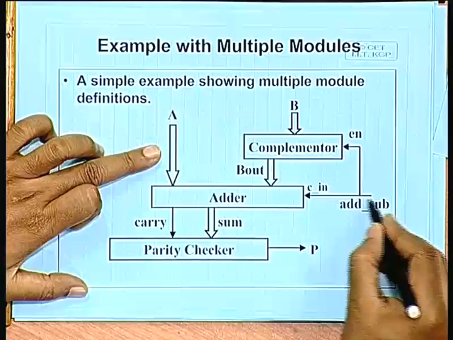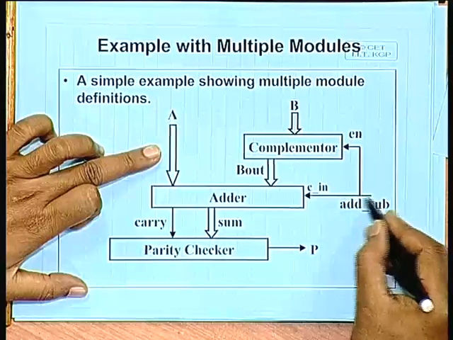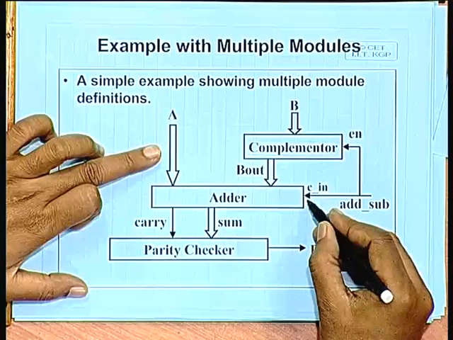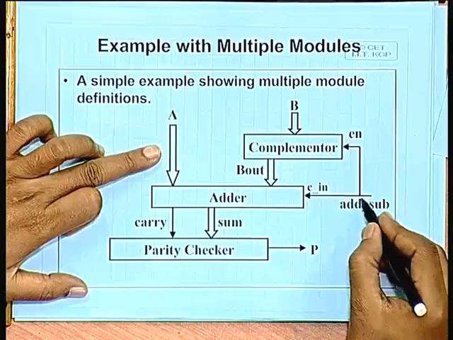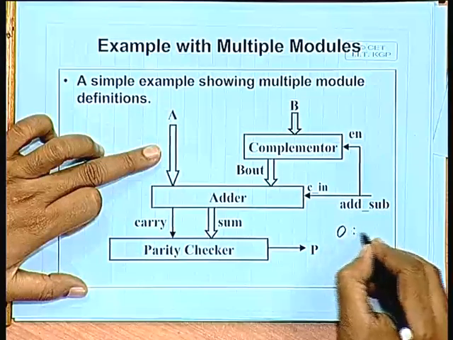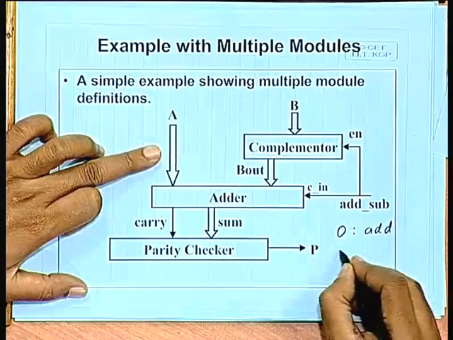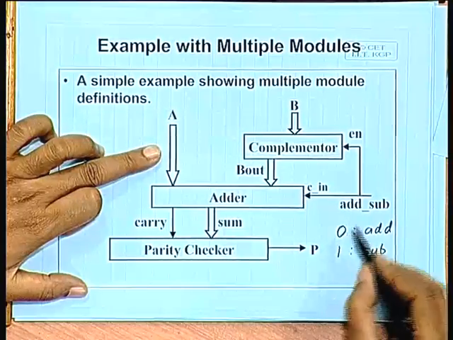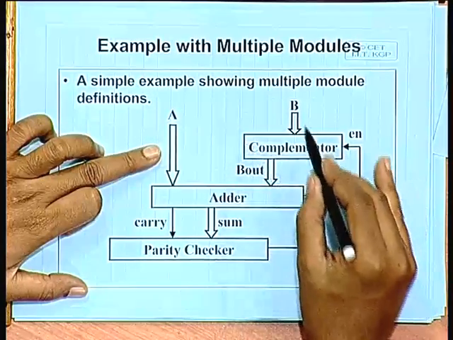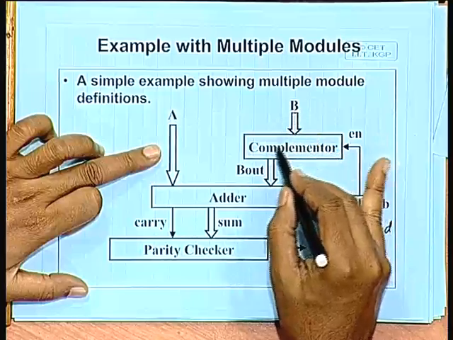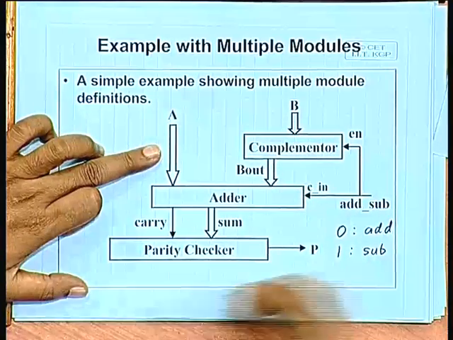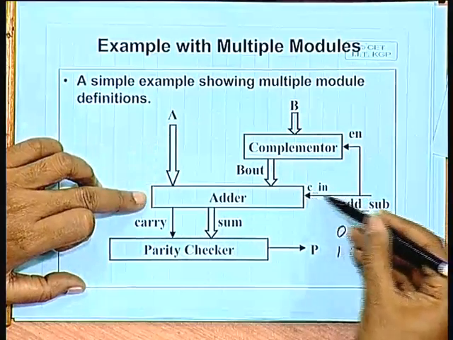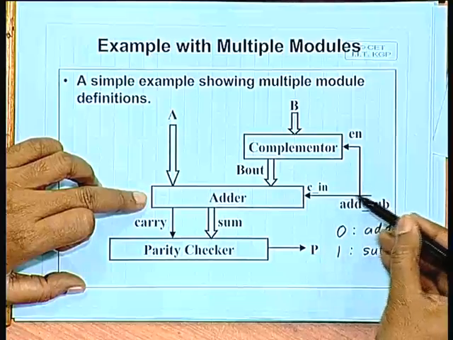And this add sub control signal, if it is 0, this means add. 0 means add, 1 means subtract. So, if it is 0, then the complementer will straight away pass the input to the output, and also the carry into the adder is the same signal, that is also 0.